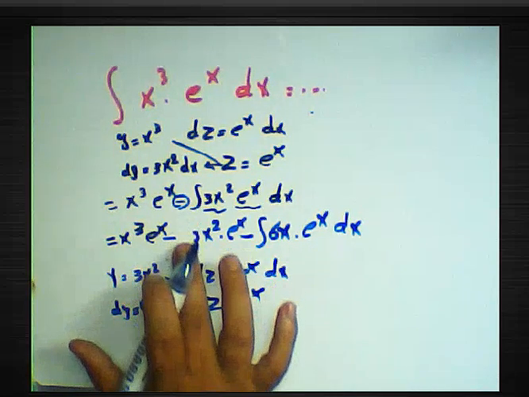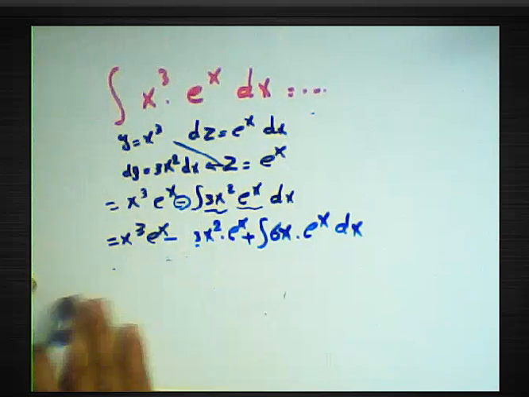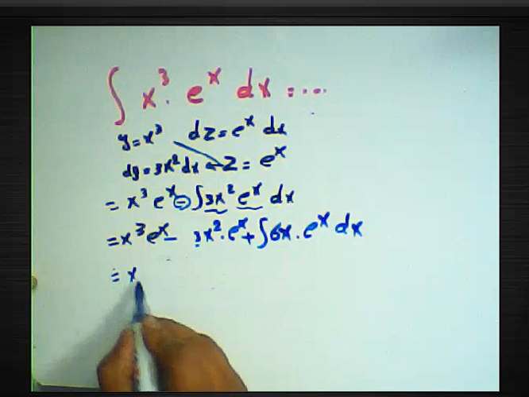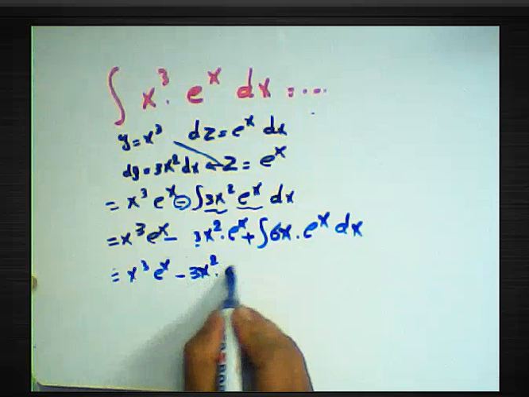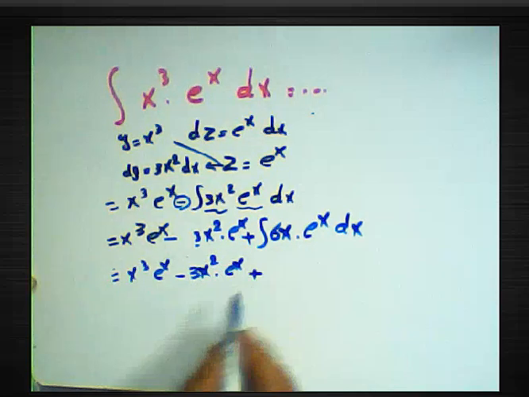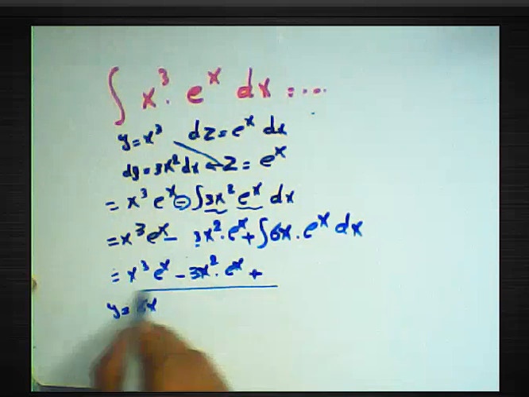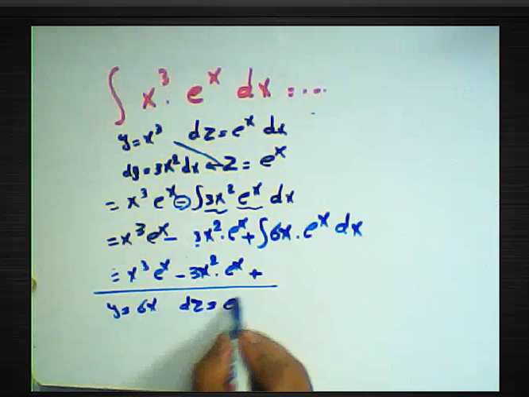Negative times positive equals negative, and negative times negative equals positive, and then we can write x^3 e^x, subtract 3x^2 · e^x, and for the two functions here, use the rule: y equal 6x and put dz equal e^x dx.